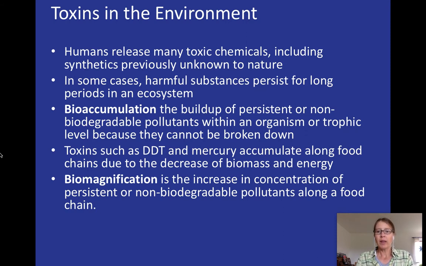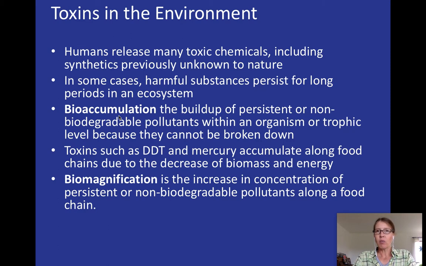So when these persistent pollutants, ones that we can't break down, get released into the environment, usually what's going to happen is organisms within that environment that might uptake those, eat them somehow, will absorb them, and it will bioaccumulate into their body, into their tissues. Now, it turns out, though, that if you have a long food chain, the organisms at the bottom of the food chain will accumulate some.